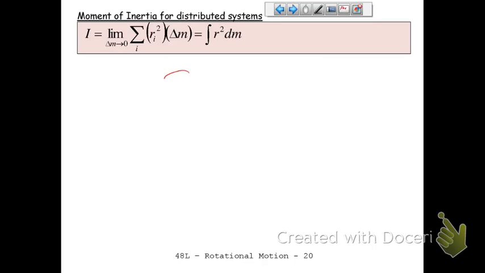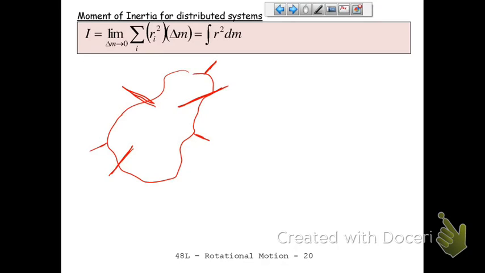And what we do is we get our potato and we pick an axis through it. And we say, what's the moment of inertia about that axis? We know it's going to be different than the moment of inertia about that axis or about that axis. We know that we can pick any old axis and we'll get a different value for this. But we can work it out.